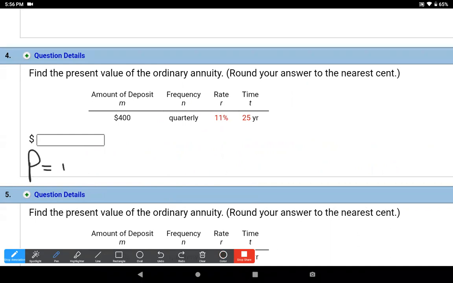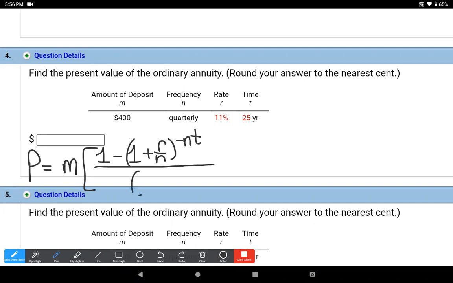P equals M times 1 minus 1 plus R over N raised to the negative NT. Then we're dividing by R over N. N equals 4 and NT equals 100.